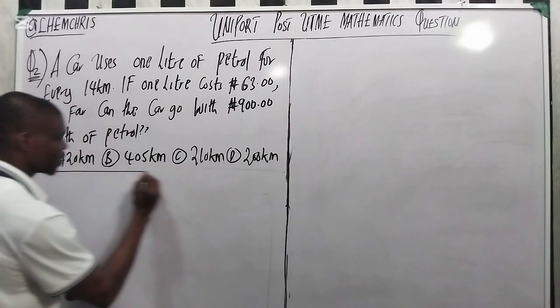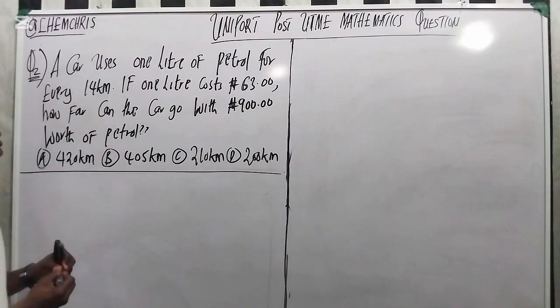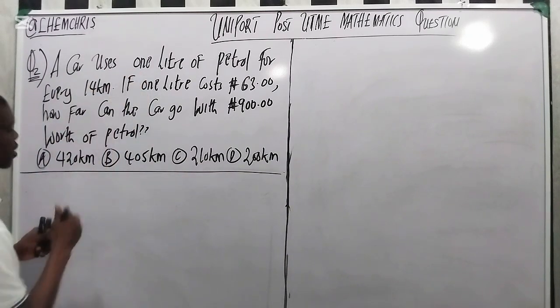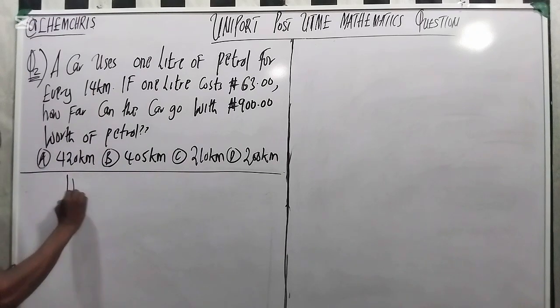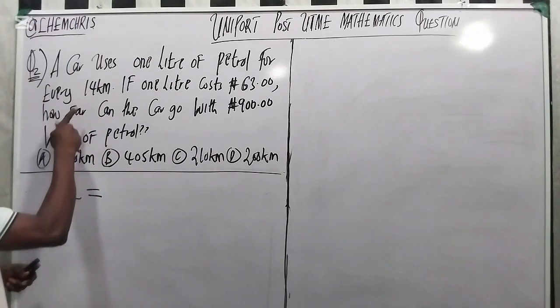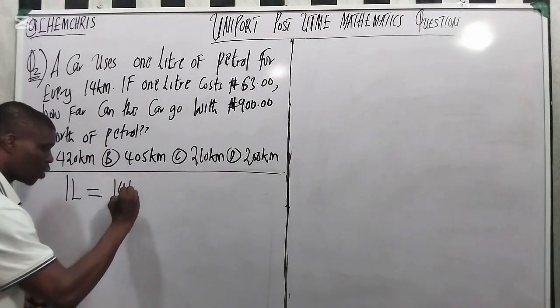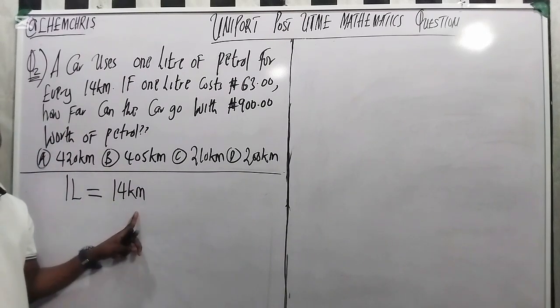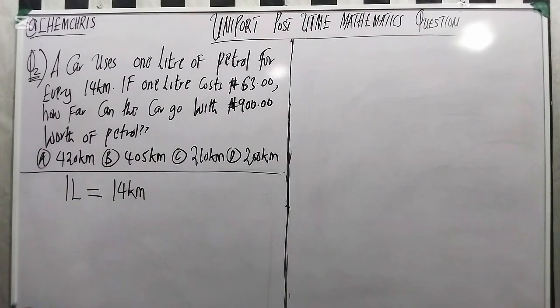So how do you solve this question here? Let's look at the various relationships. A car uses 1 liter of fuel, which equals 14 kilometers.